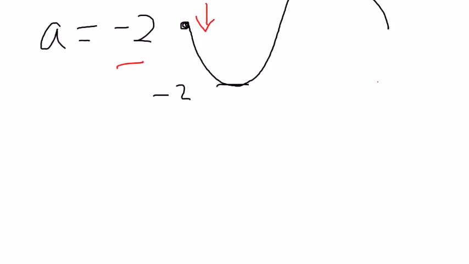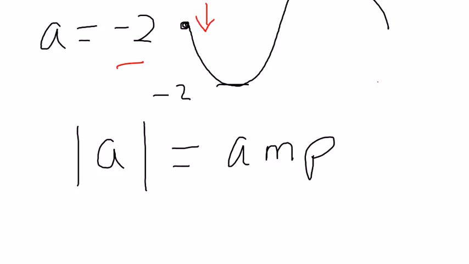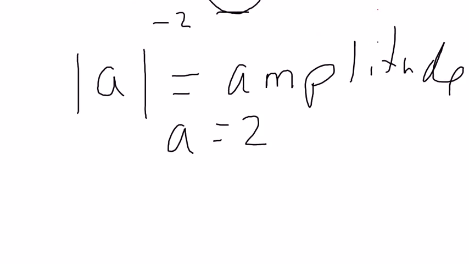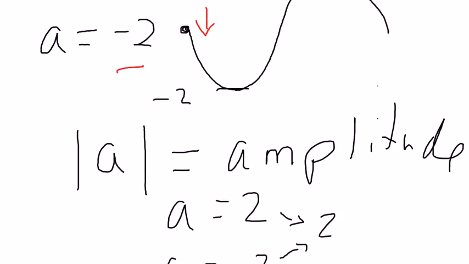The formula for amplitude is the absolute value of A. That's what the amplitude is. So if A equals 2, our amplitude is 2. If A equals -2, our amplitude in both these cases is still 2, because it's the absolute value.